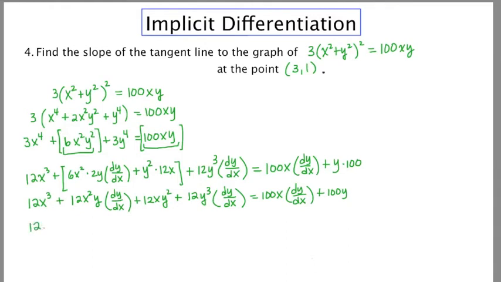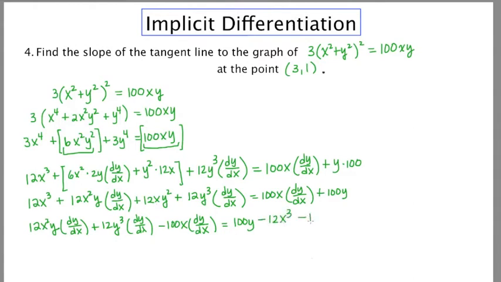So we have 12x squared y dy/dx plus 12y cubed dy/dx minus 100x dy/dx equals, we have our 100y already on the right hand side, and then I'll bring with it minus 12x cubed and minus 12xy squared.